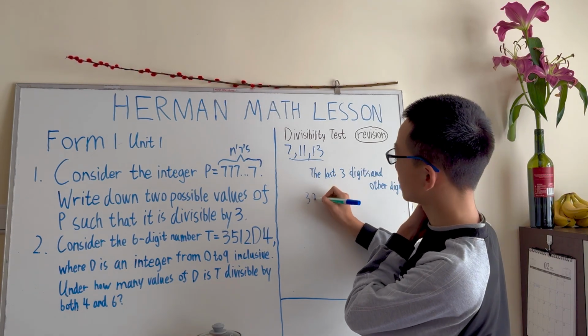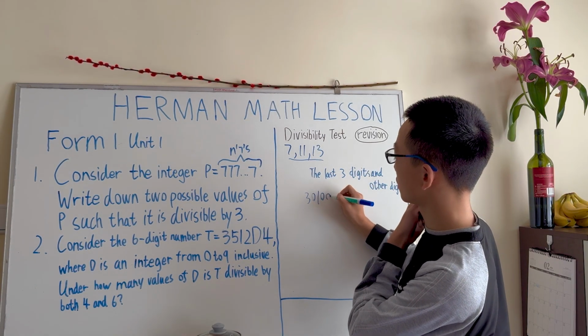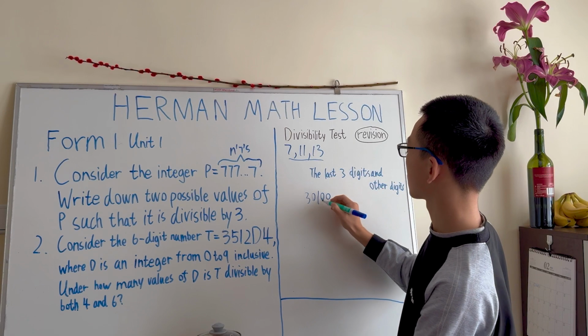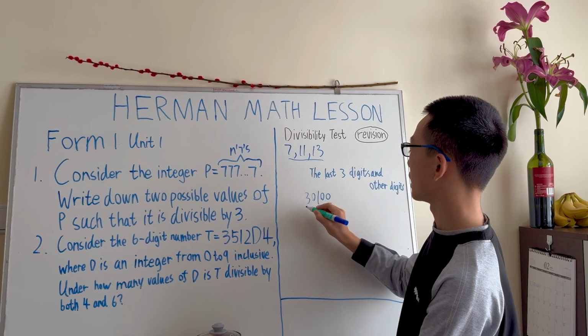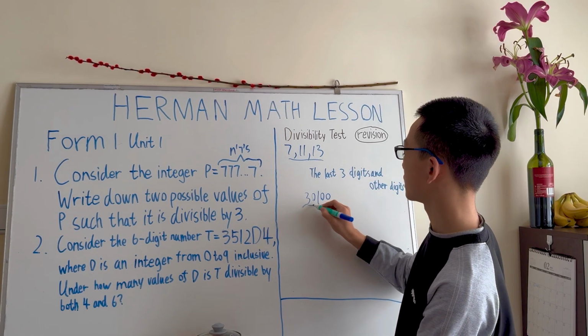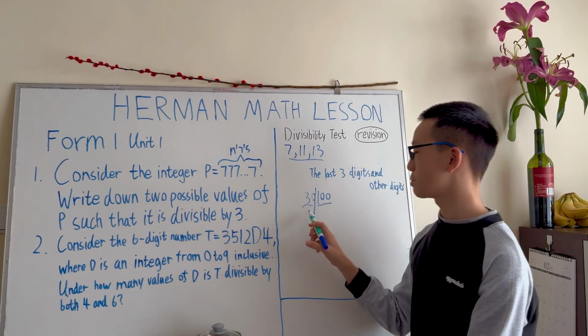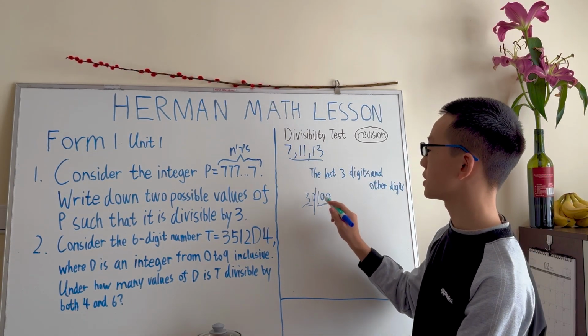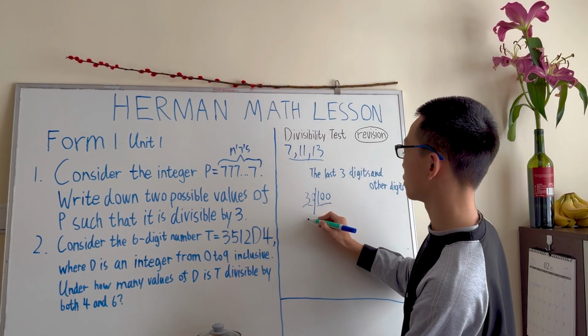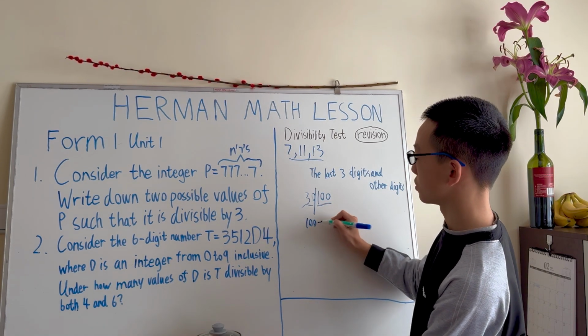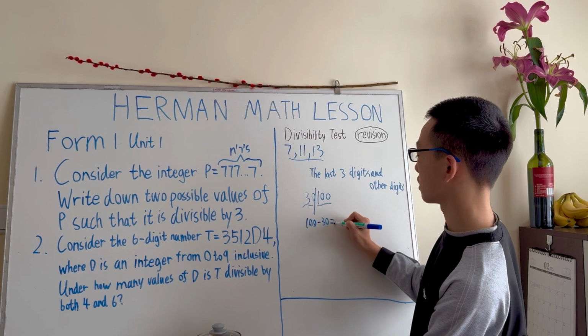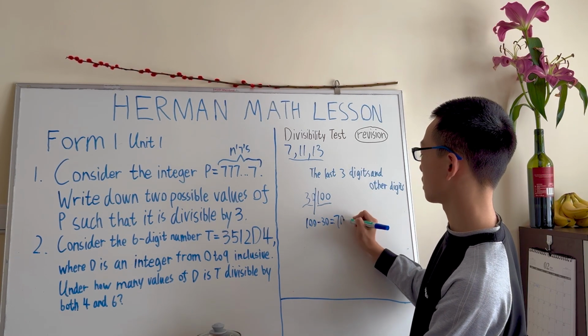Like 30100, we look at the last 3 digits and the first digits, and we decide which is bigger. 100 is bigger than 30, so we use 100 minus 30, and it becomes 70.